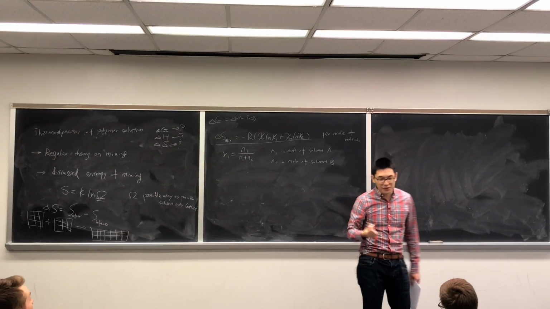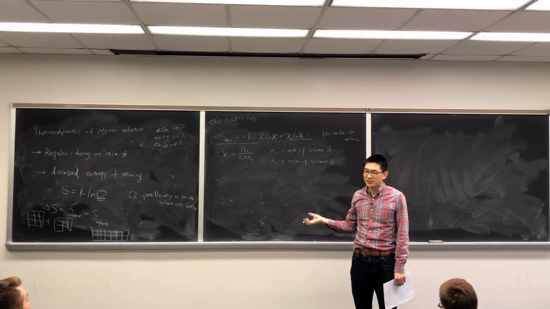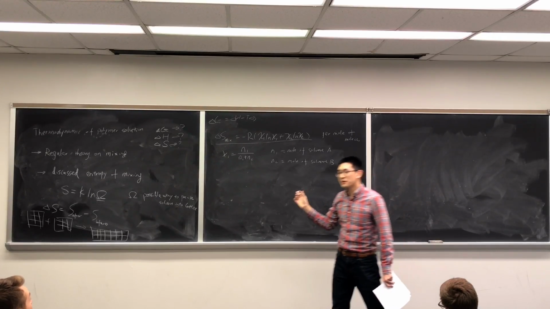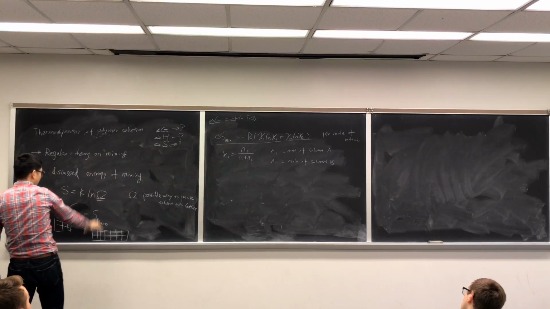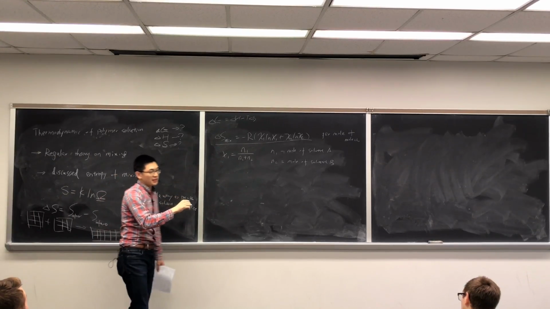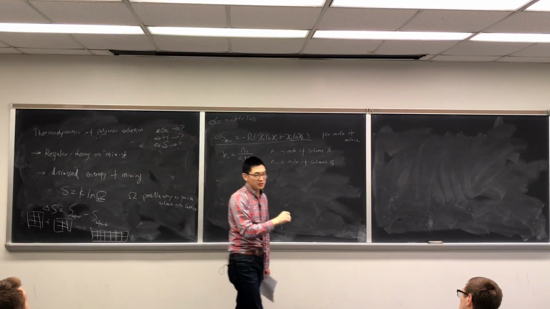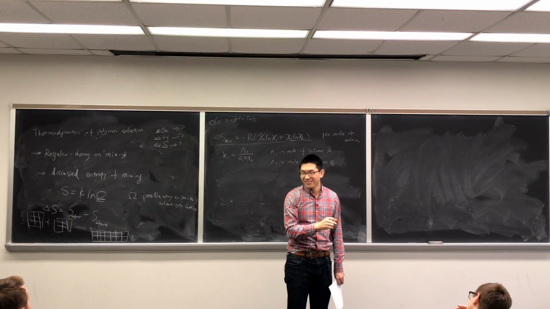So what we did now is we understand what delta S is in the mixing. That's basically the first week of work. We did this calculation and understand the entropy difference for the two cases.